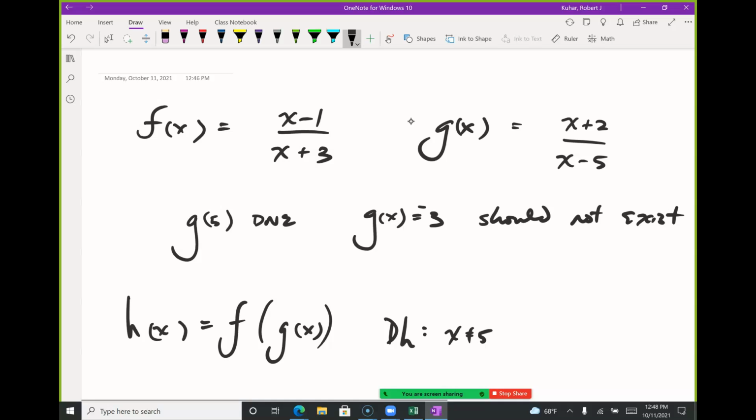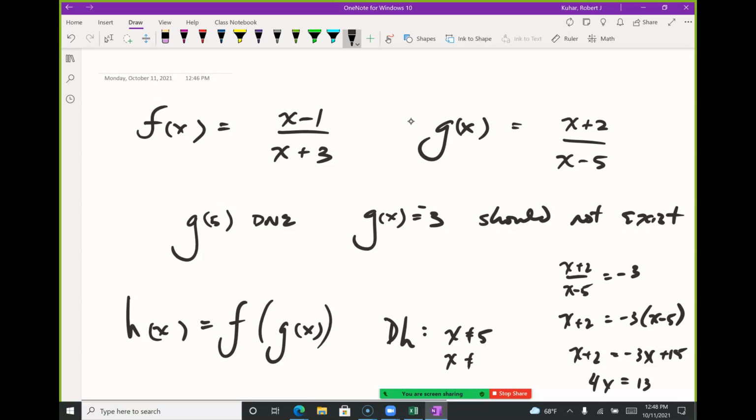And then when is g equal to -3? And x does not equal 13/4.